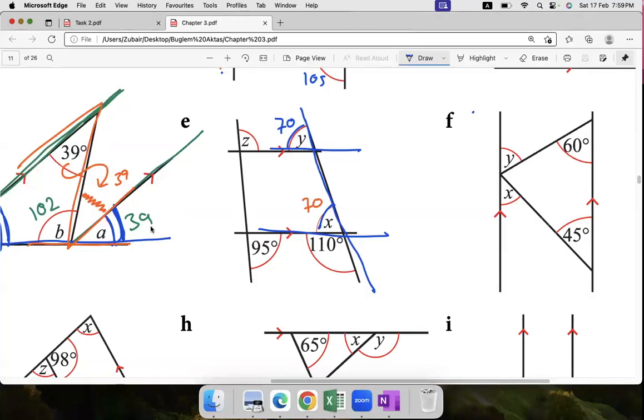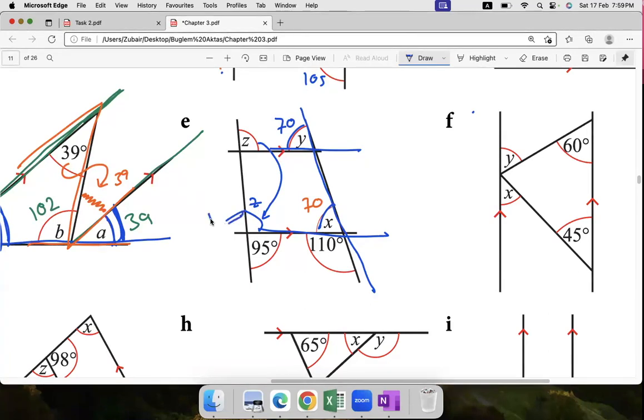What about Z? 85. Correct. We can bring this Z here as alternate and sum of 95 and Z is 180.